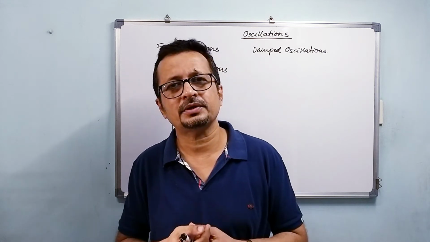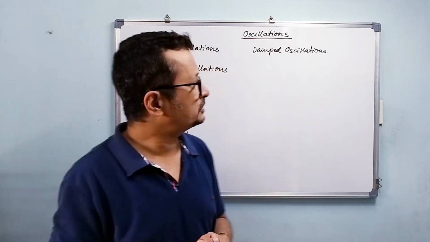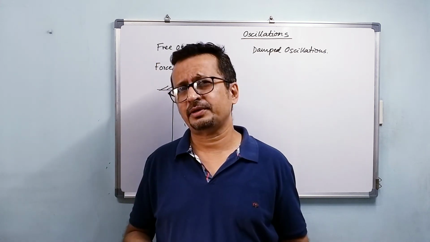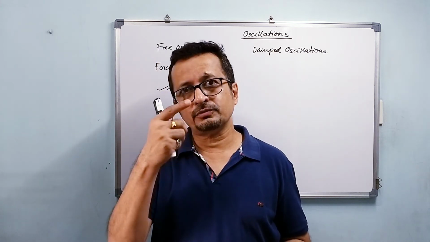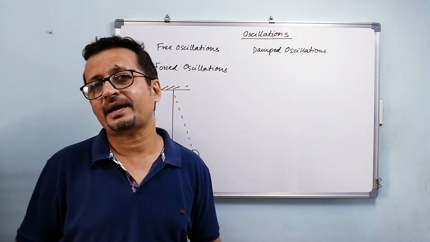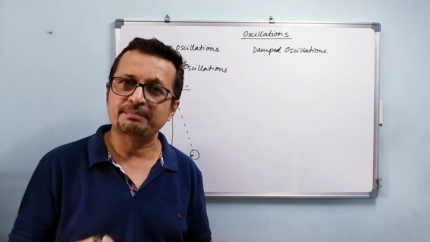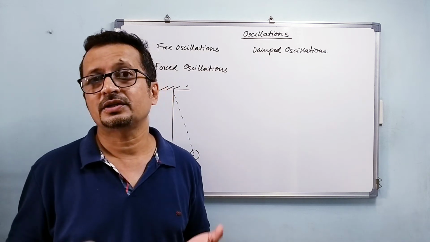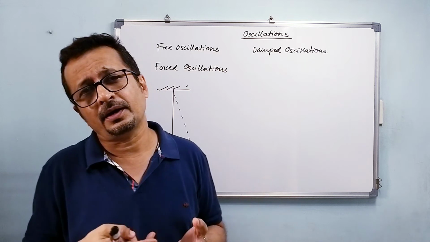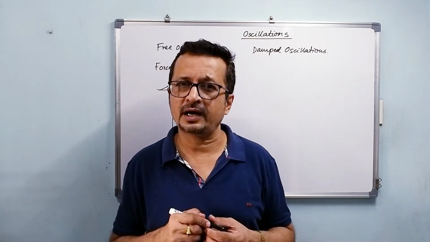So that was about free vibrations and forced vibrations, then damped vibrations. One more thing: over there we saw that the oscillations are damped, but at times you need to damp the oscillations. Can you think of some example of that? Maybe the shock absorbers of a car.